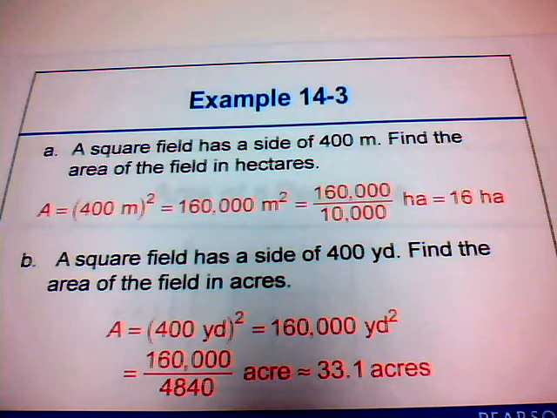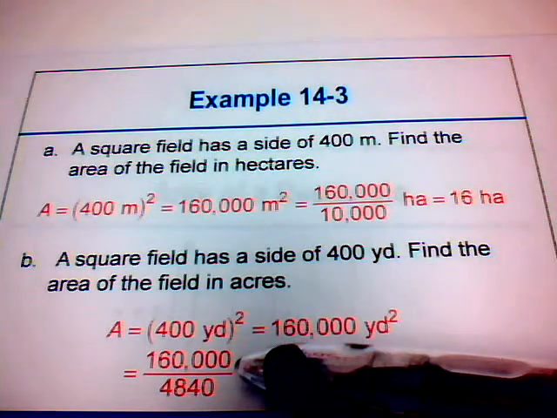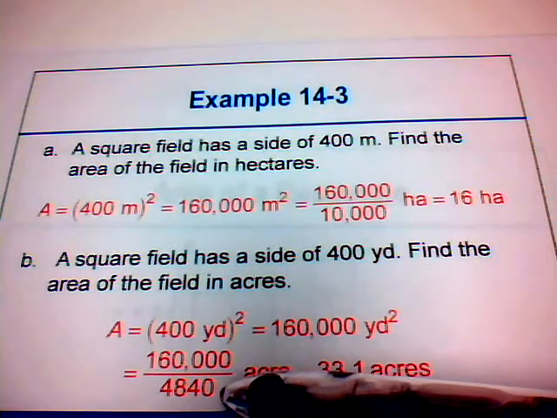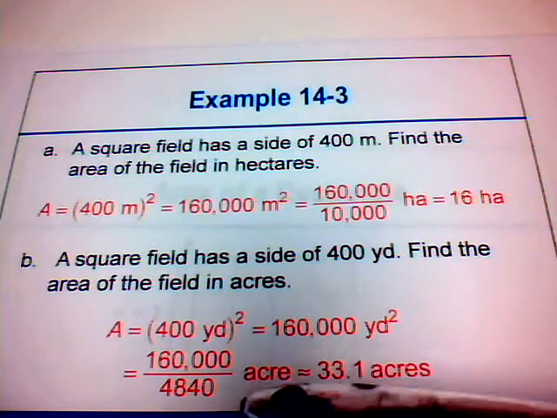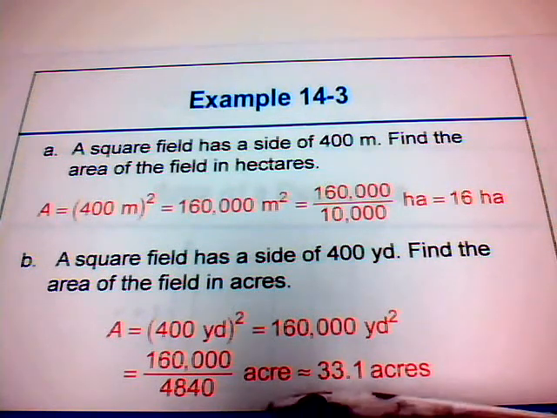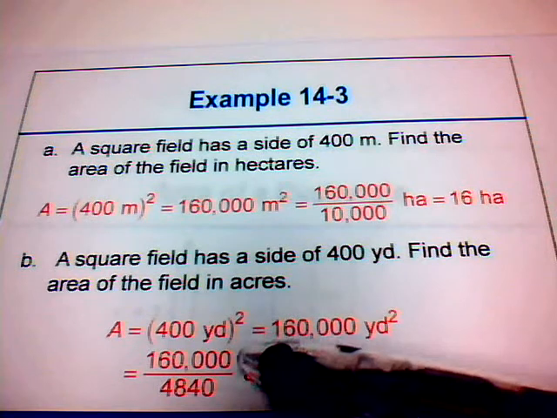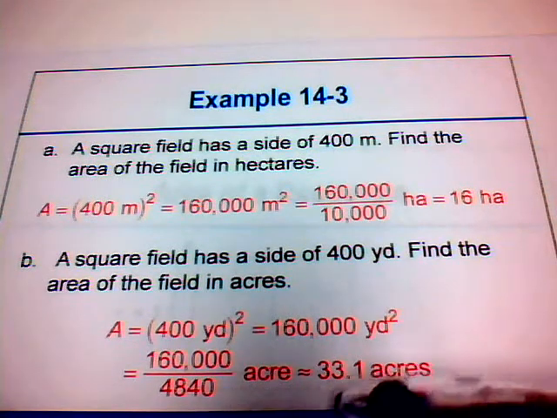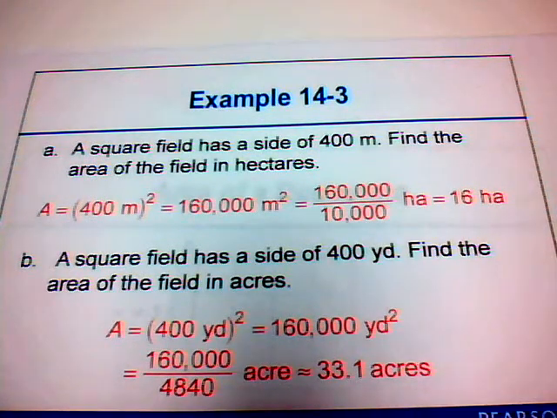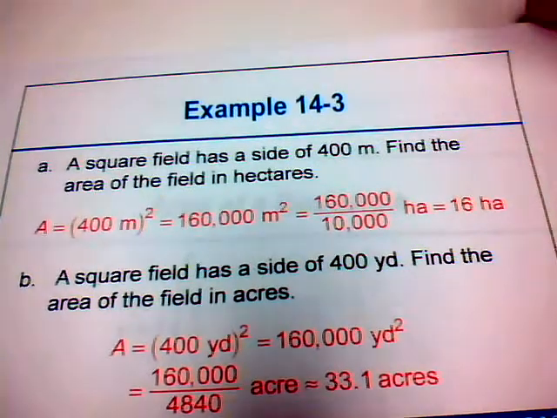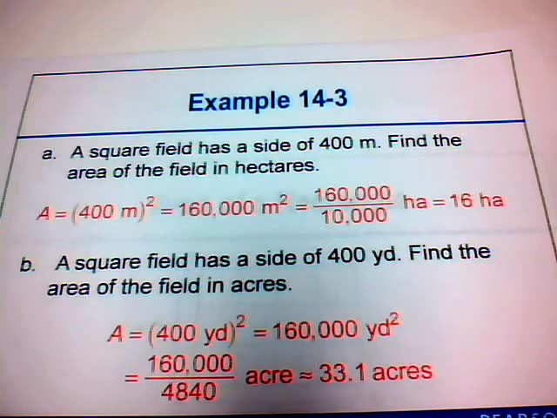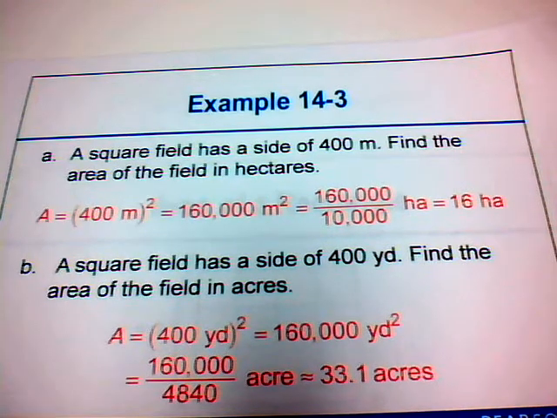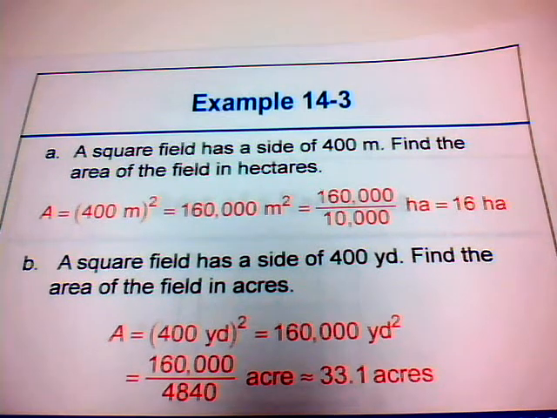So we're converting this from square yards to acres, so we take the 160,000 and divide that by 4,840 square yards to come up with our unit in acres. So 160,000 divided by 4,840 is going to be approximately 33.1 acres. So the area of that field is approximately 33.1 acres.